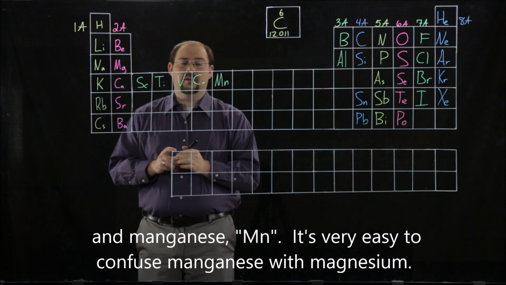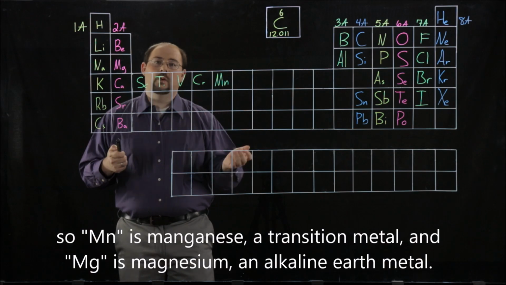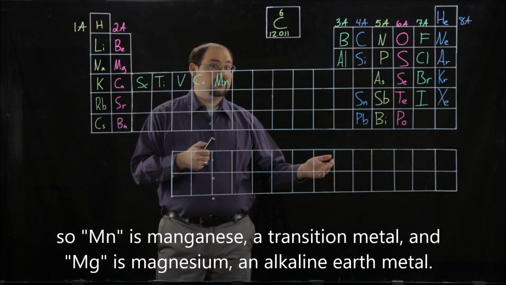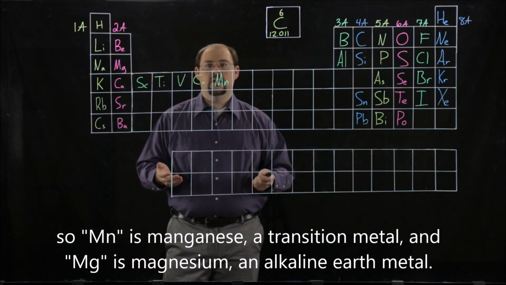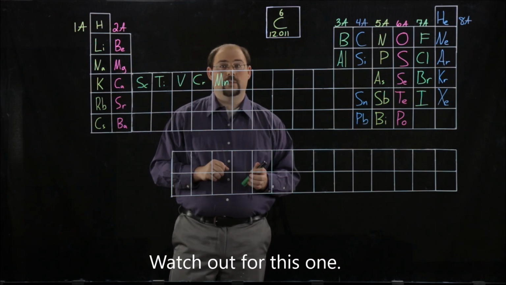It's very easy to confuse manganese with magnesium. So Mn is manganese, a transition metal, and Mg is magnesium, which is an alkaline earth metal. Watch out for this one.